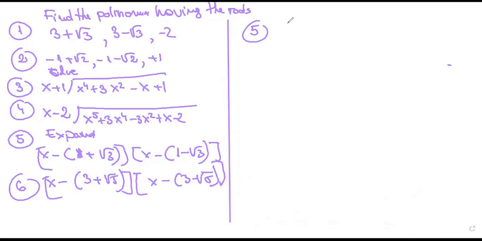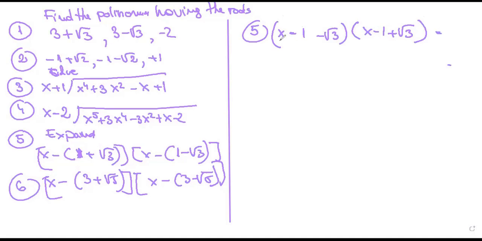You want to dictate? What are we looking for in the question again? Expand. Oh, okay. So then that would be x minus 1 minus square root of 3 times x minus 1 plus square root of 3.